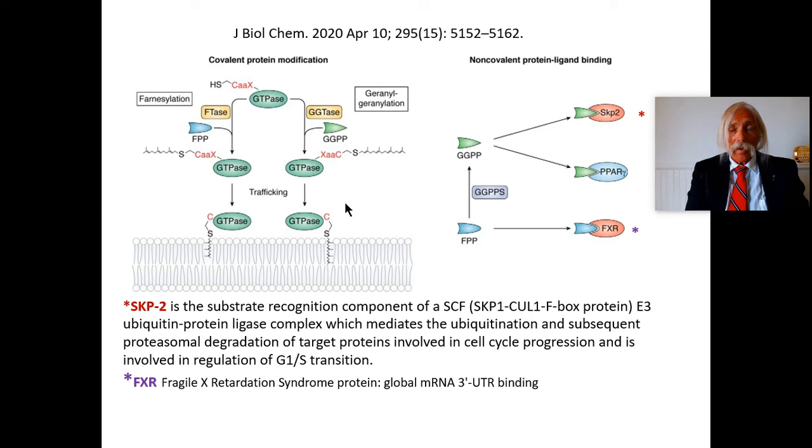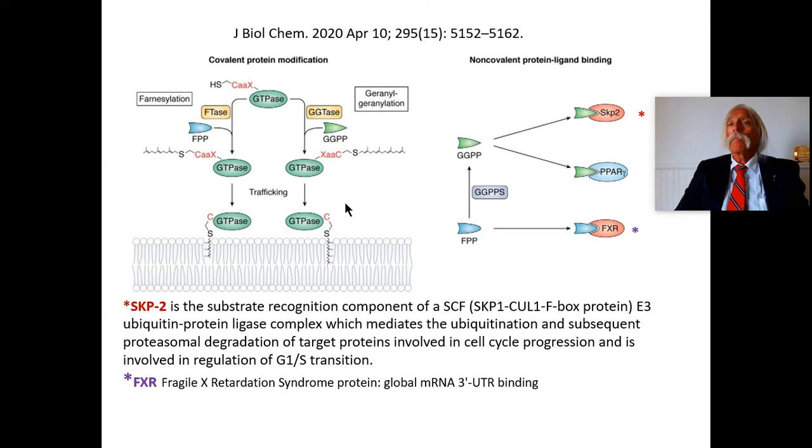And it's involved in the regulation, ultimately, that particular modification of that particular Skp protein is going to be involved in moving the cell cycle from the G1 phase to the S phase, a DNA synthesis phase. Likewise, if you have a protein farnesylated, the FXR protein, that protein is named from the Fragile X retardation syndrome protein.